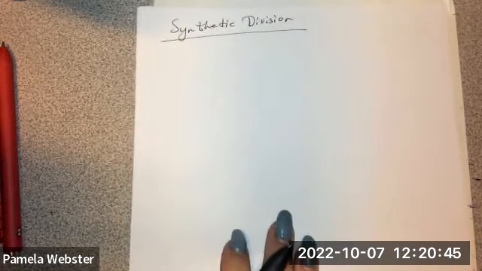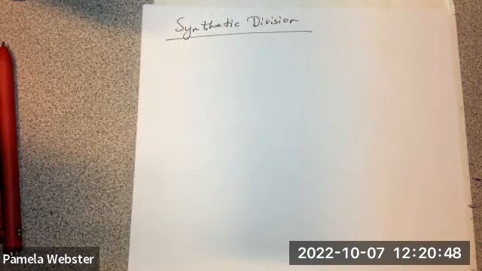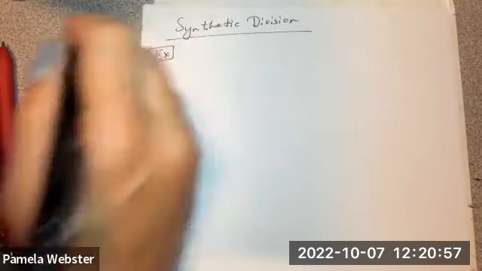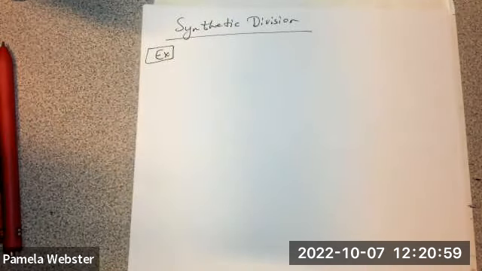Okay, when we go to do synthetic division, there are actually a couple little rules that I have to adhere to. So let me get you an example real quickly, and then we'll show how to do synthetic division. What is synthetic division?